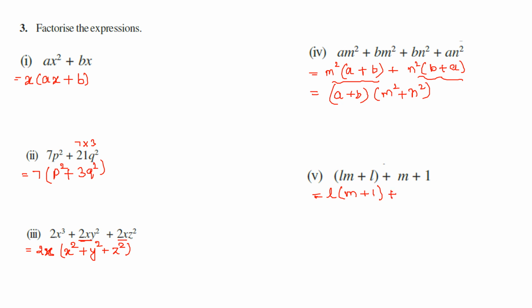Plus, this I can write as 1 into m plus 1, since if you multiply anything with 1, it remains as it is. Now I can take m plus 1 common because it is present here also, here also. From the first term I will be left with l, plus from the second term 1. So this is the factorization: m plus 1 into l plus 1.